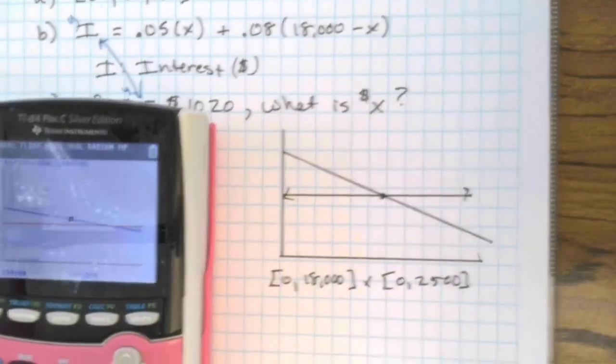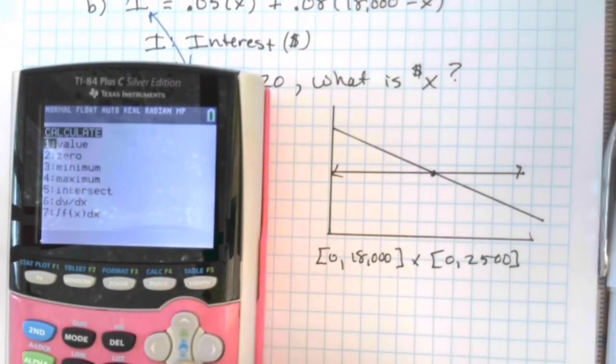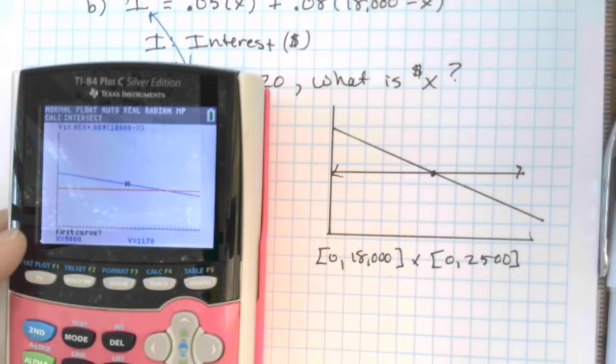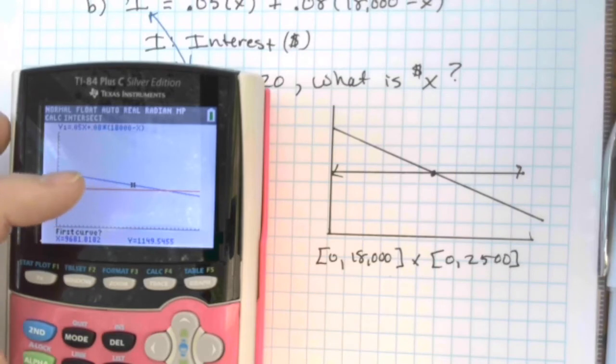Okay, so this is how you do it on a grapher. All your calculation buttons for your graph are under Calculate. So second, find Calculate, toggle down to Intersect, push Enter. Now it's going to say first curve, and it's going to tell you up top which curve you're on. So I'm in my Y1 curve. They want to know first curve, question mark, to the left of where you see it cross.